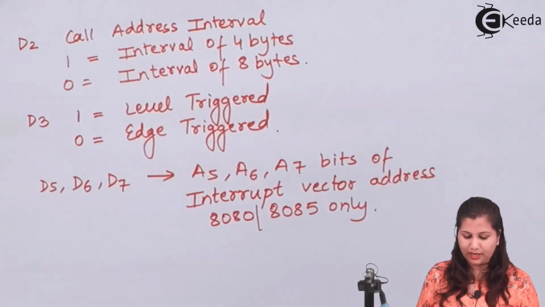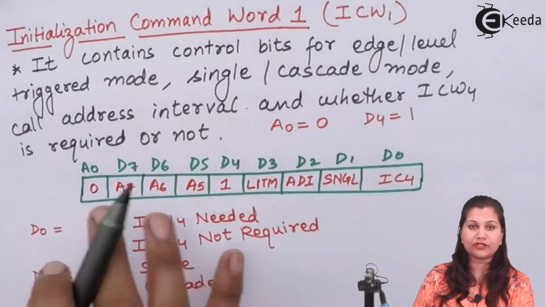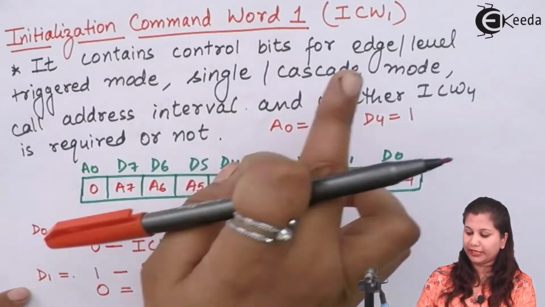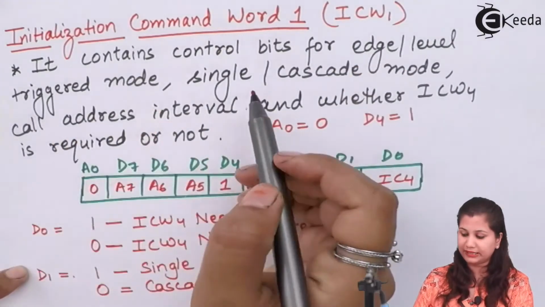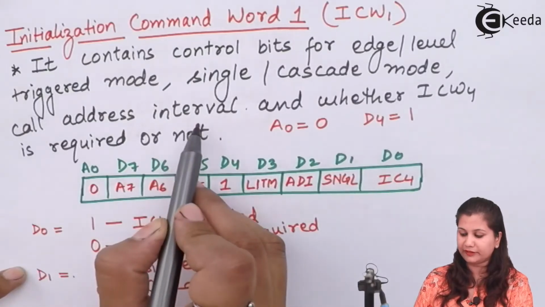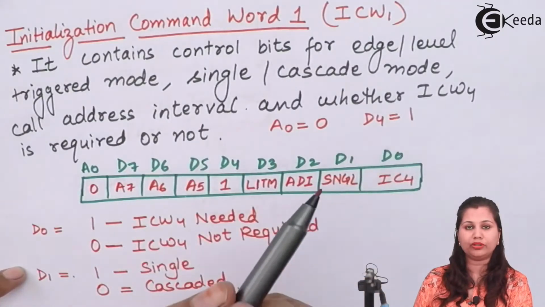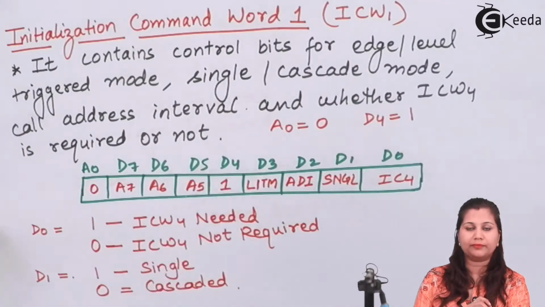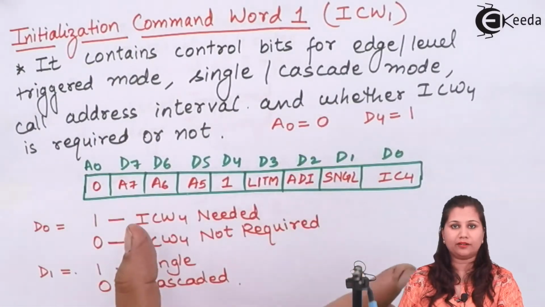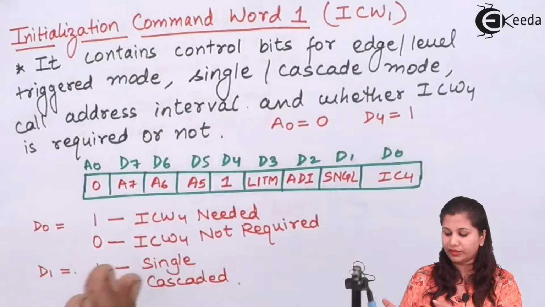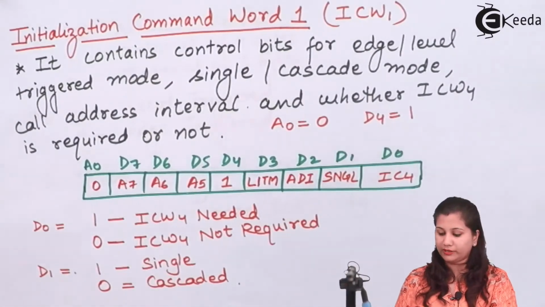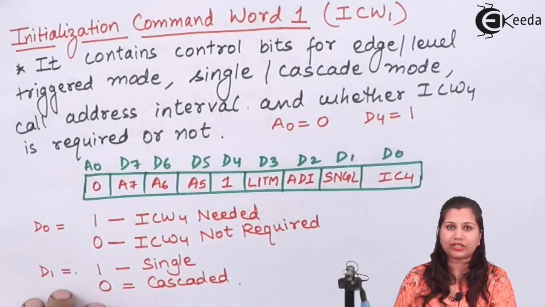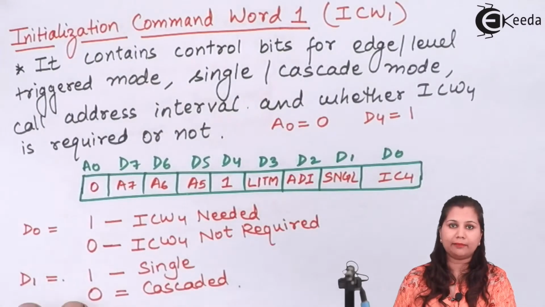So this was our first initialization command word, which has the control bits for the edge and level triggered mode, for single or cascade mode, for call address interval, and whether the fourth initialization command word is required or not. So we have discussed the functions of these 8 bits of the first initialization command word. Now let us come to the second initialization command word, ICW2.